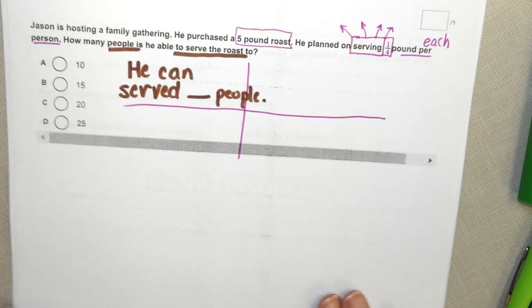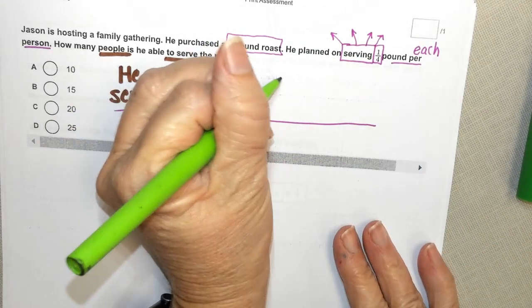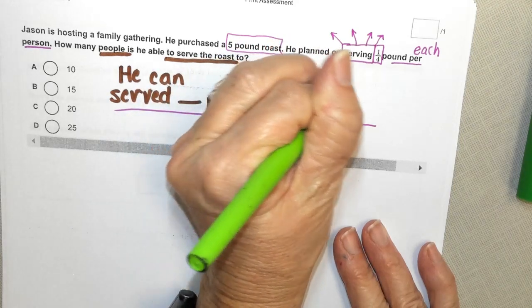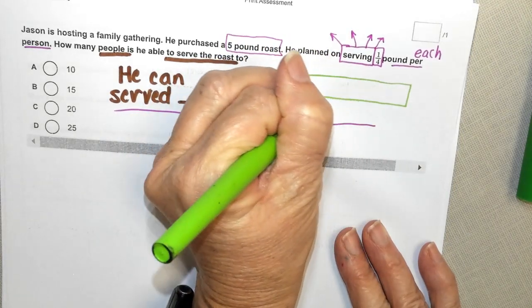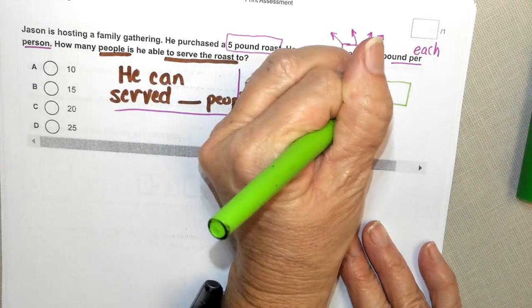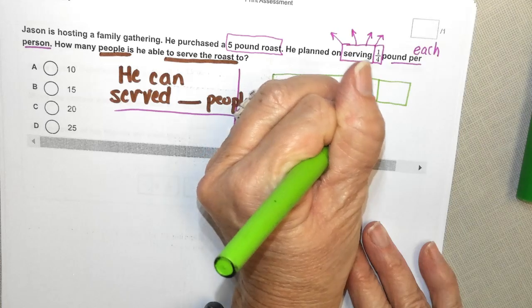Here's what I know. I know that Jason bought a 5-pound roast. So I'm going to draw a roast, and I'm going to cut it into 5 pounds. 1, 2, 3, 4, 5. So this represents my 5 pounds.